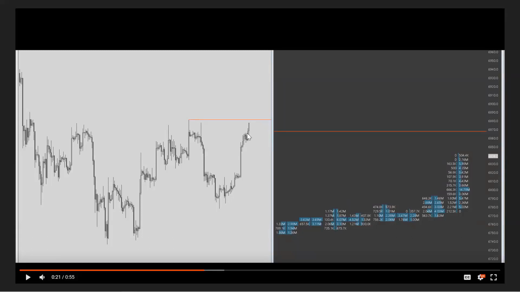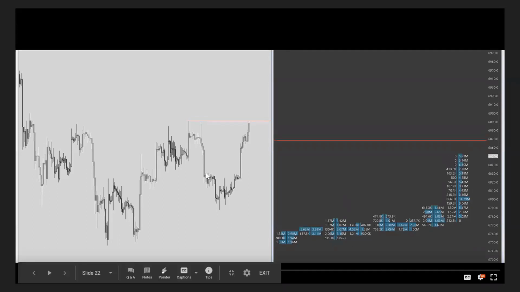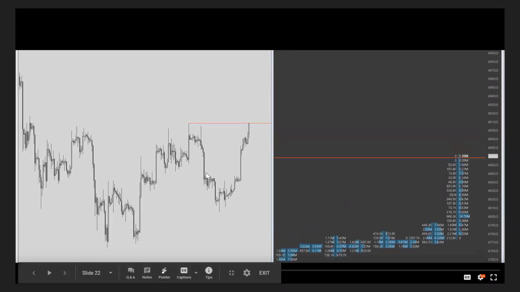You also want to see this basing ahead of a level, and that's what's going to define your risk generally. And then, of course, when price breaks out, if you're ever unsure of what constitutes an illiquid move, that's it.